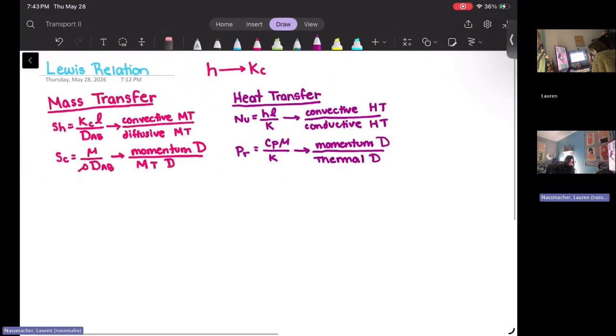So of course, from here, we want to relate these equations back into finding our Lewis relation. And this is the analogy we're talking about with heat and mass transfer. We have our Sherwood and our Nusselt number, which are essentially the same idea, just with mass versus heat, and our Schmidt versus our Prandtl number.